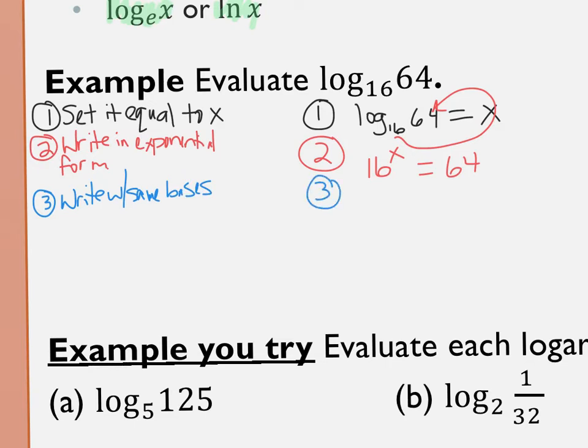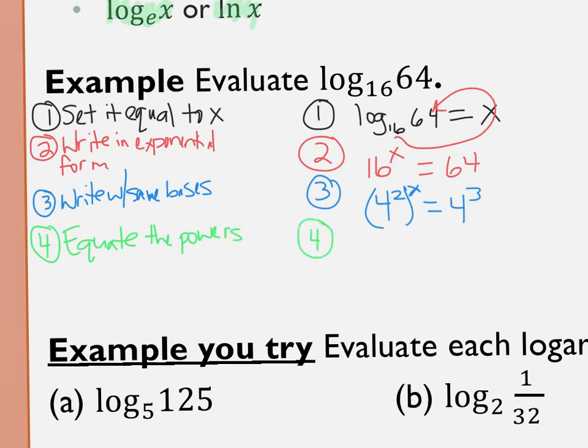Well, I know 16 is the same thing as 4 squared, and 64 is the same thing as 4 cubed. And then the next thing we do, because the bases match, we equate the powers. And here we get x is equal to 3/2.